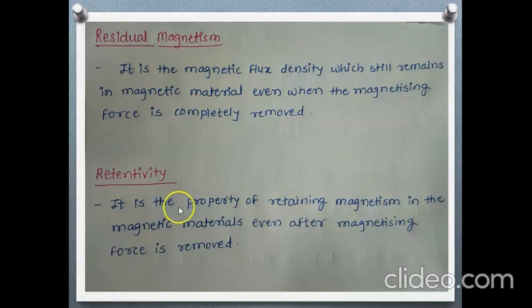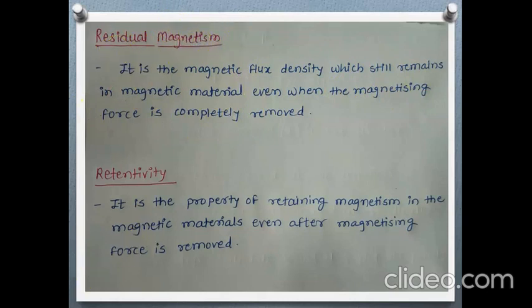Residual means the leftover part, the remaining magnetism. The property of retaining this magnetism in the material even after the magnetizing force is removed is called retentivity. That remaining magnetic flux density is known as residual magnetism or remnant magnetism.